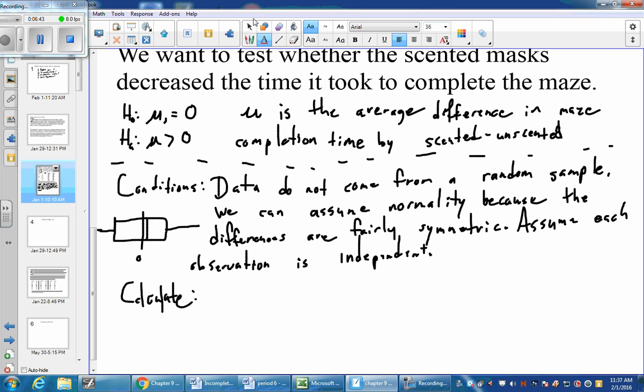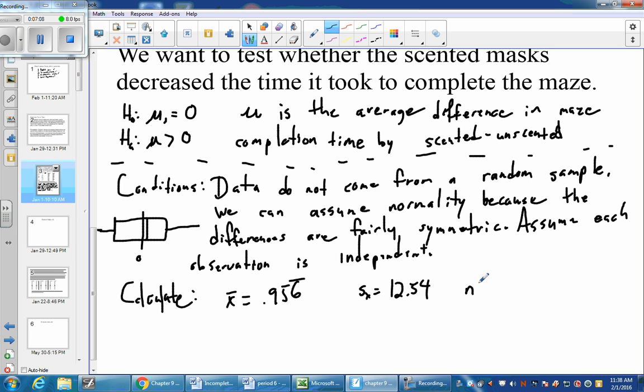I got negative 0.59. I meant positive 0.595. I typed that in wrong. So we'll start with an x-bar that is 0.956 repeating, and my s of x here is 12.54, and my n is 21.